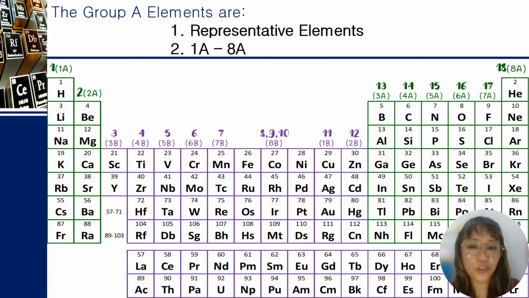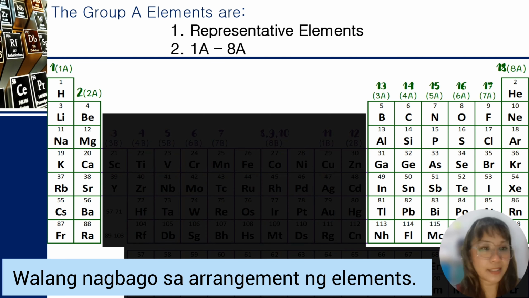Let us focus on the group A elements known as representative elements. They are numbered from 1A to 8A. Group 1 is 1A, Group 2 becomes 2A. 13 becomes 3A, 14 is 4A, 15 is 5A, 16 is 6A, 17 is 7A, and of course 18 is 8A.